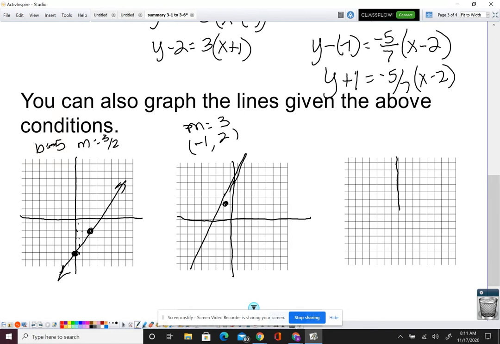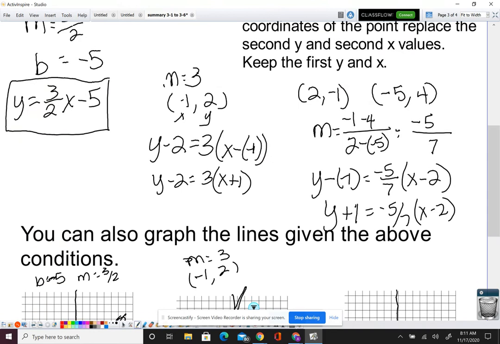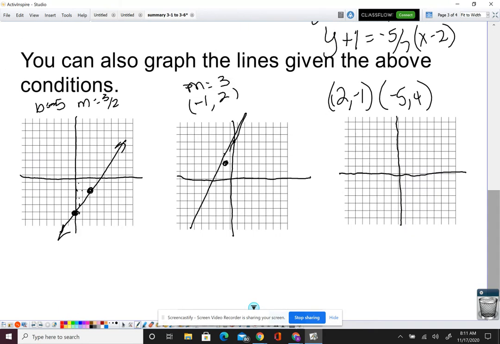And then the second one, they gave us 2 points. So all we have to do is plot those 2 points. And those 2 points were 2, -1, and -5, 4. 2, -1 is down here. And -5, 4 is right there.